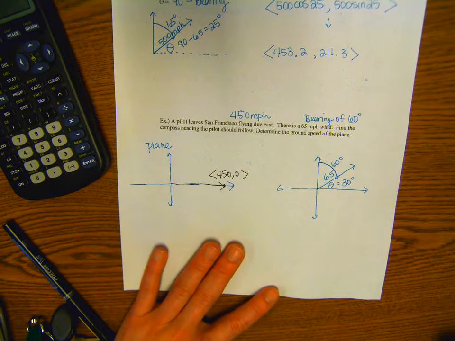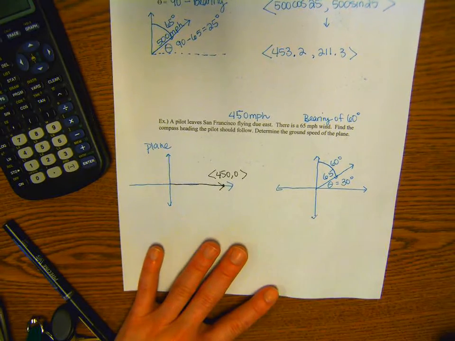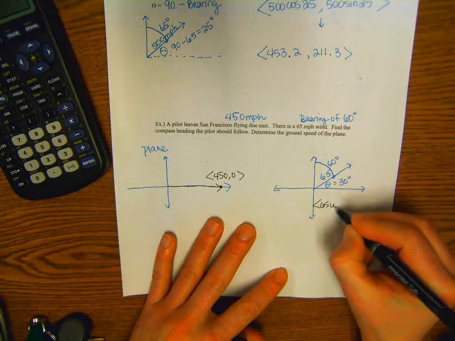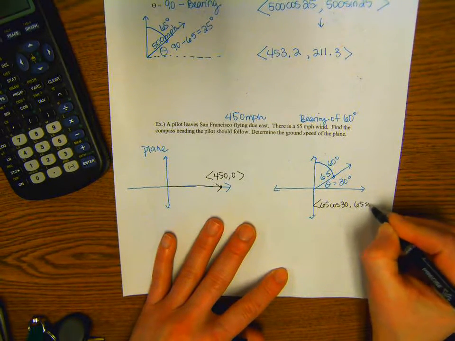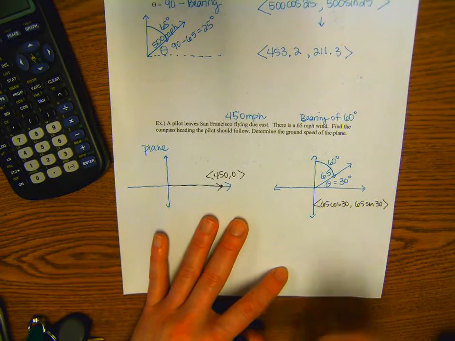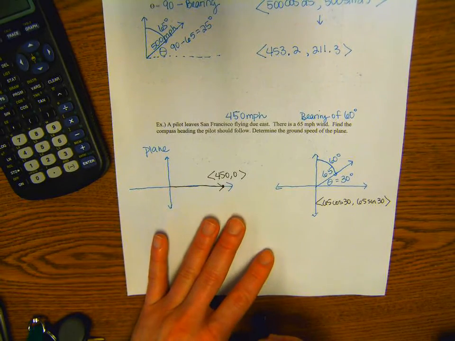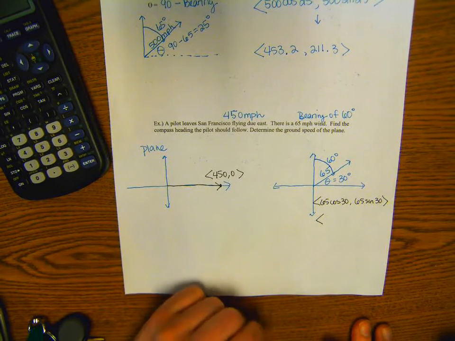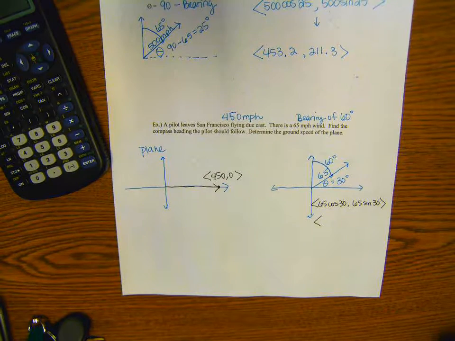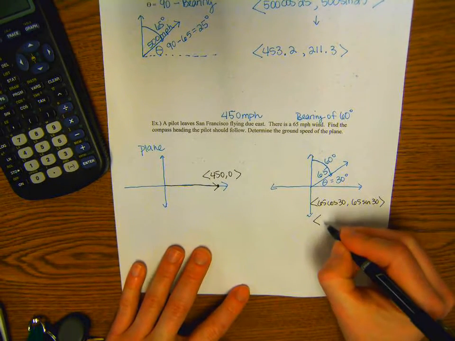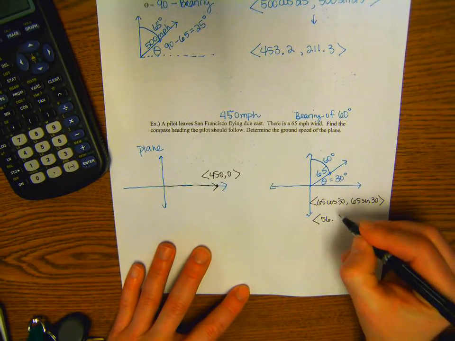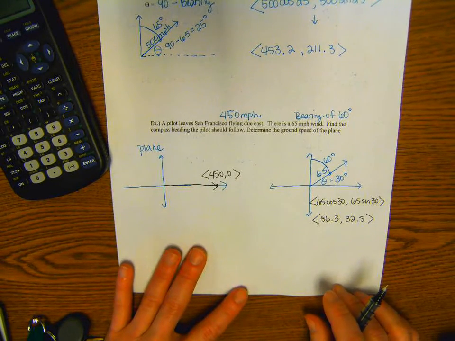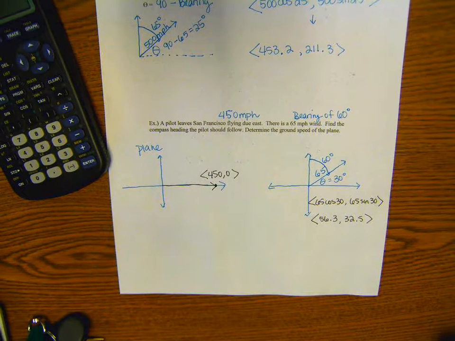Okay, so can you guys find the components then of that vector for me? Does that make sense with what you have?